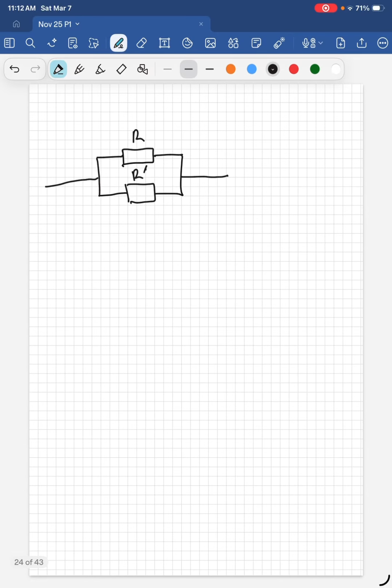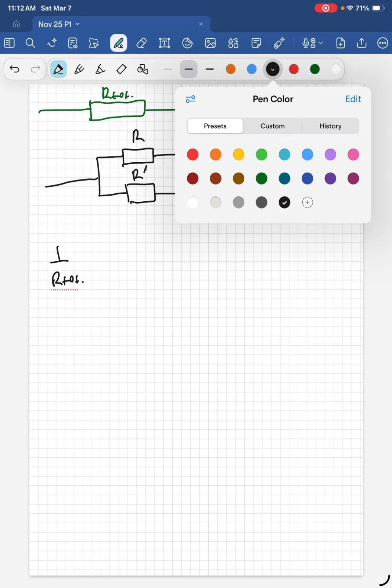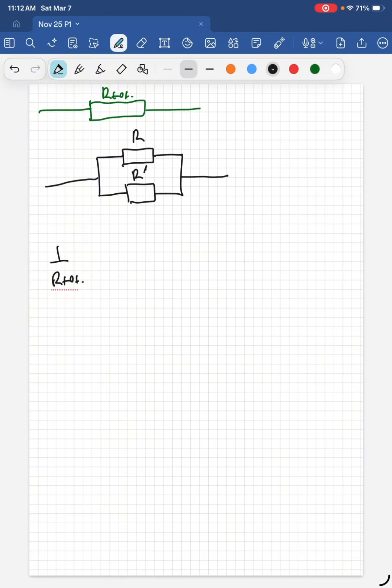So you can replace this with a total resistance. You can think about this as R total, and then 1 over R total. So I'm trying to say this combination in the bottom is equivalent to the top, with 1 over R total equal to 1 over R plus 1 over R prime.